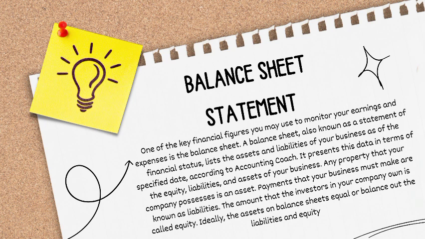Assets. There are two primary types of assets, current and non-current. Current assets are items your business has accrued over time that will be used up or converted into cash within one year or one business cycle of the date of the balance sheet.